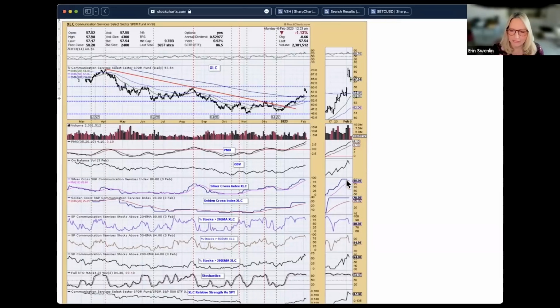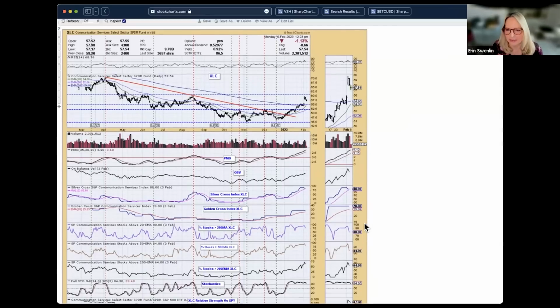So this isn't going to improve. If anything, it's going to move lower or at best move sideways, because we just don't have enough stocks under the surface with their price above their 20 and their 50.